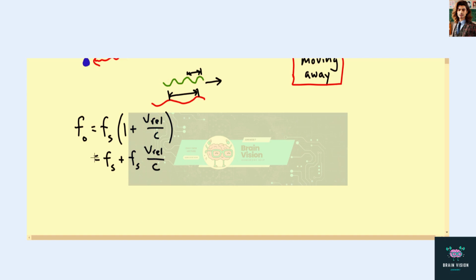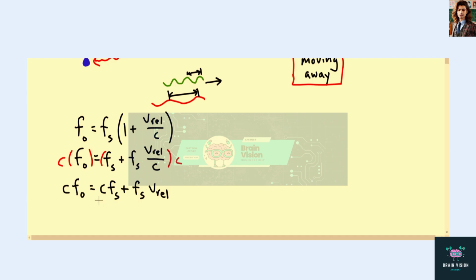Then I'll multiply both sides by c, f_o multiplied by c as well. So we get c f_o is equal to c f_s plus, and now the c's here cancel out, f_s v relative.